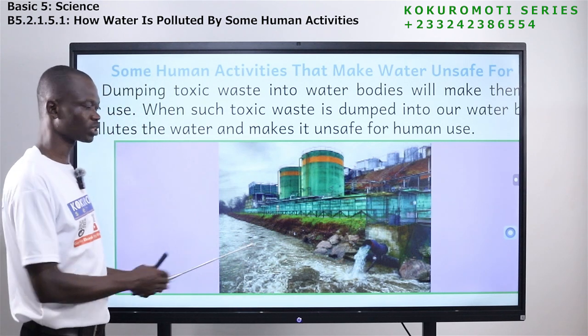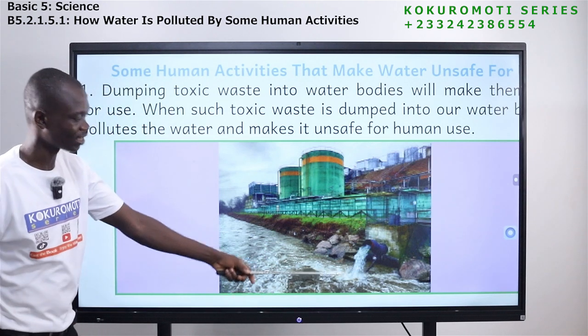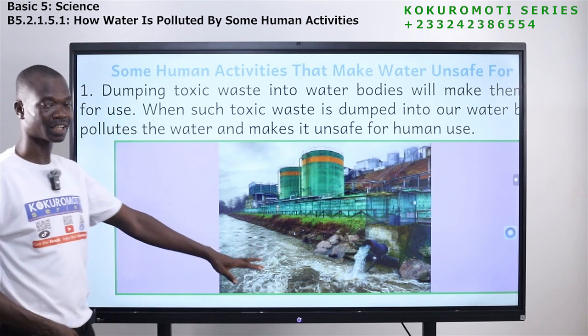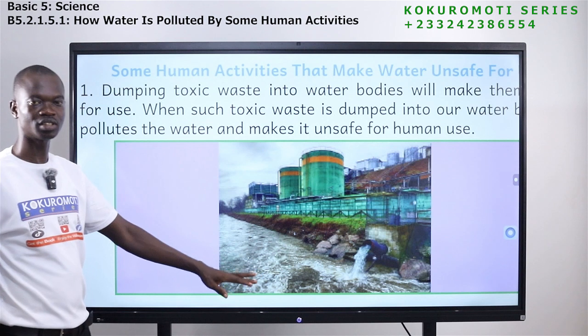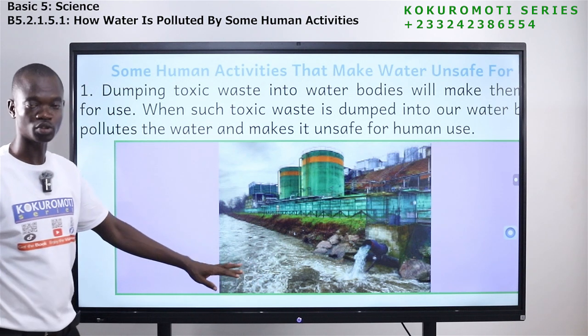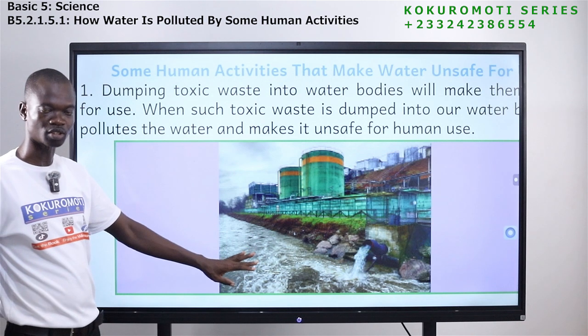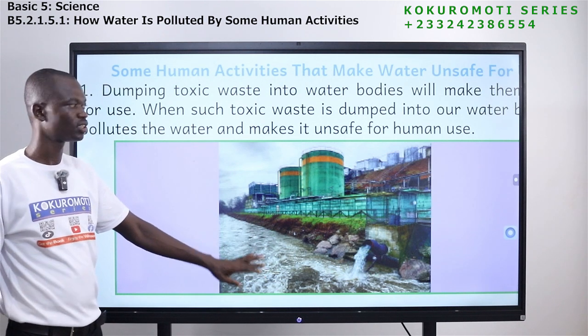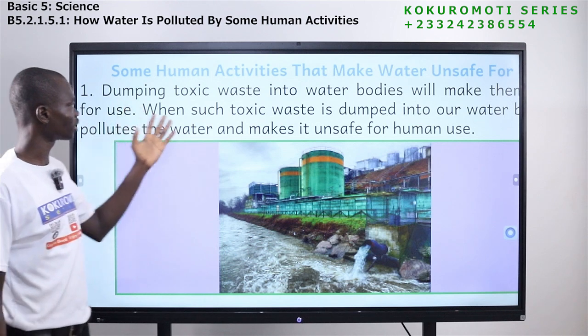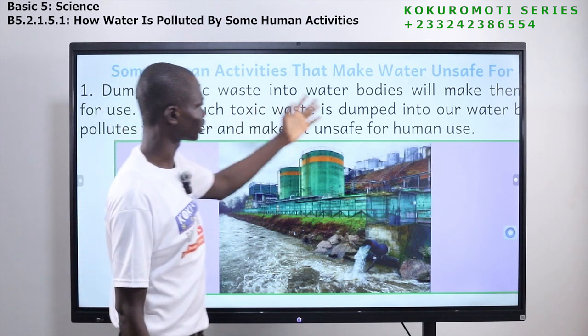It will what? Pollute the water. This one contains chemicals, poisonous substances. So if they are mixed with water, the quality of the water will be reduced. And it can what? Have an effect on you if you drink water from this place or use water from this place. Okay. So one of the human activities is what? Dumping toxic waste into water bodies.